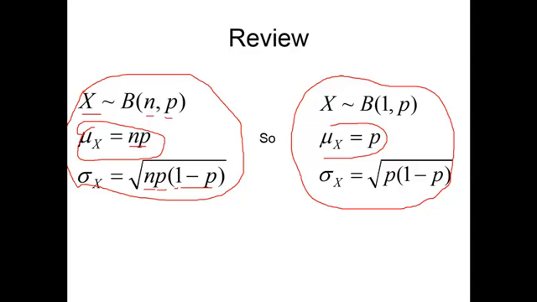Our expected value is the proportion P, and the standard deviation is the square root of P times 1 minus P.